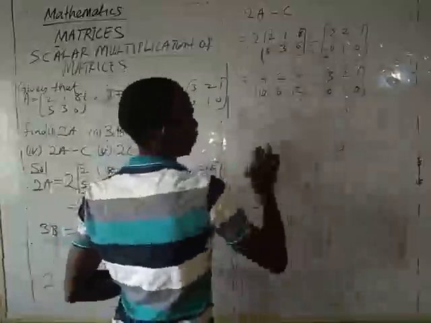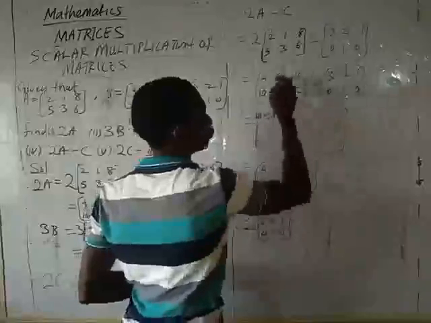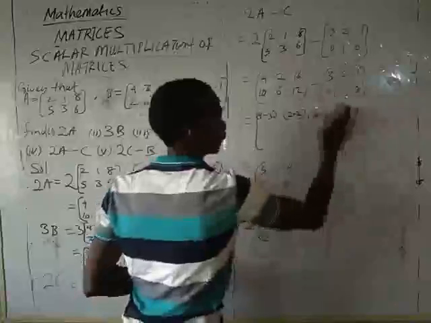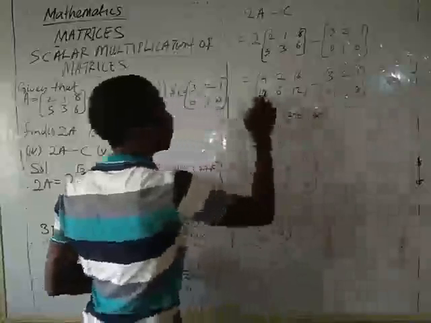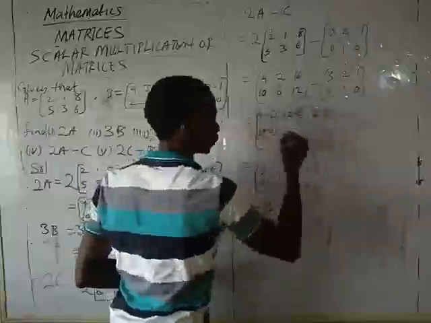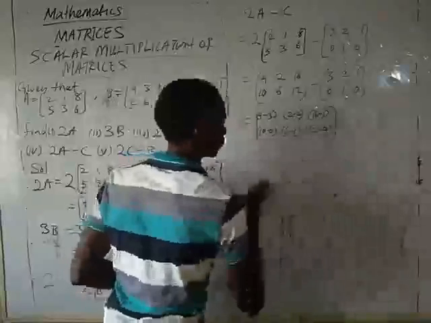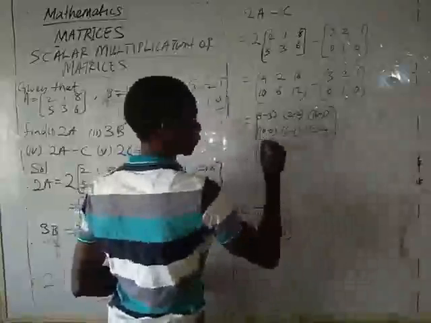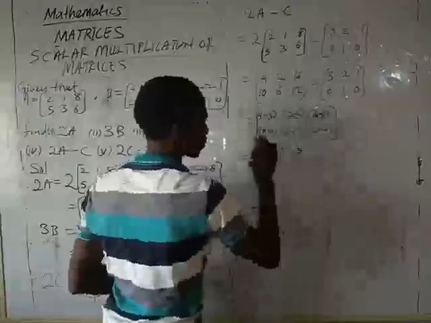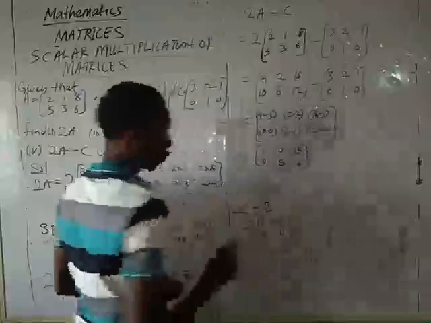So from there we have 4 minus 3, 2 minus 2, 16 minus 1, 10 minus 0, 6 minus 1, then 12 minus 0. So by the time we sum that up, we have 1, 0, 15, 10, 5, 12. That will be our answer.